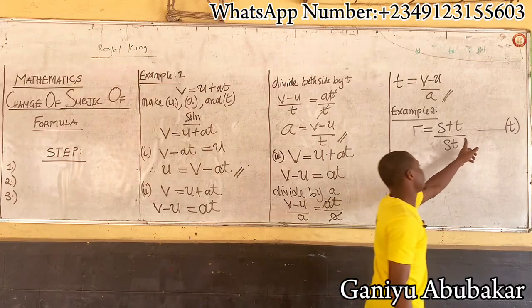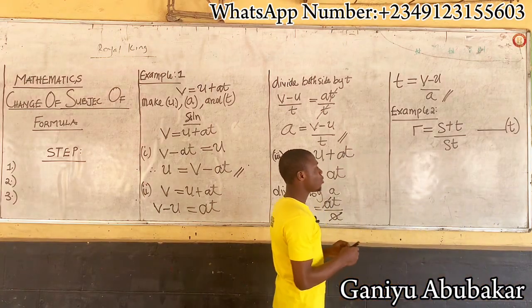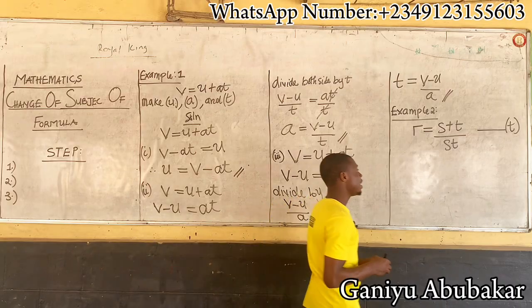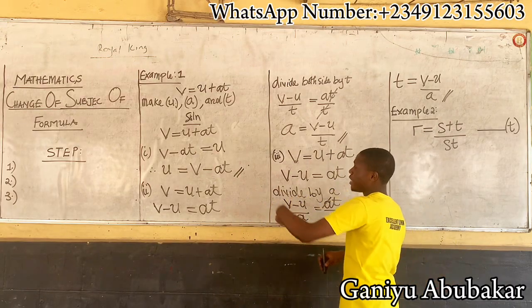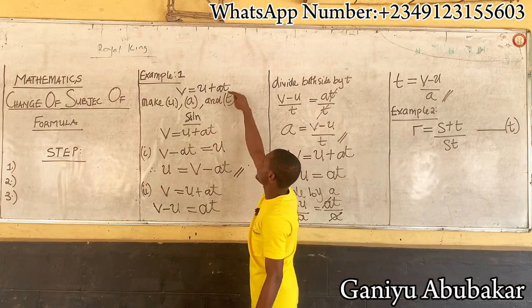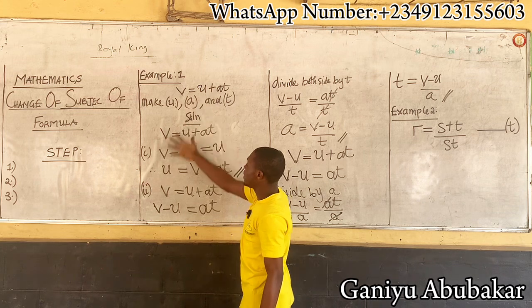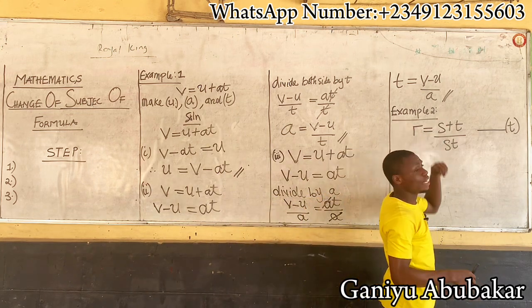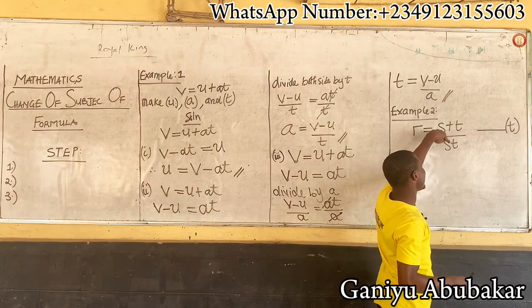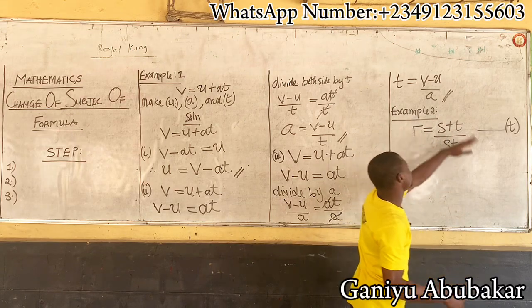This line you have seen tells us that I want to make t the subject here. So how do we make t the subject? In this case here, I can see t in two places. In our first example, I could see t only once, u once, and v once. So it's easier that way than seeing t here and another t here. So I'll try to combine this t and this together. That's the task.